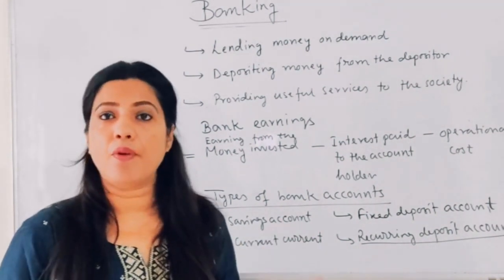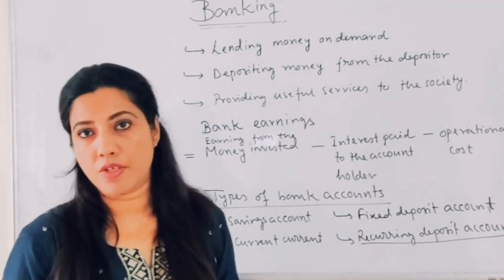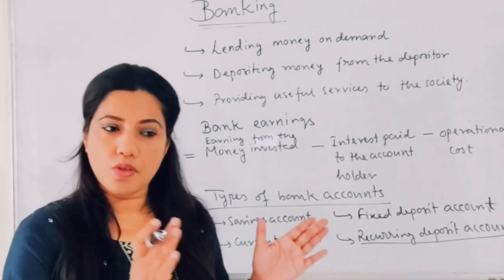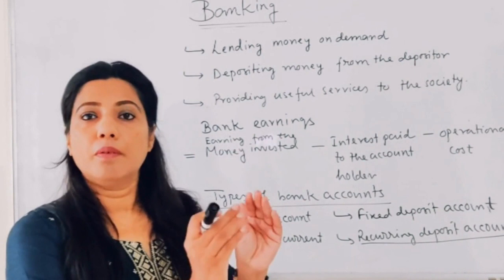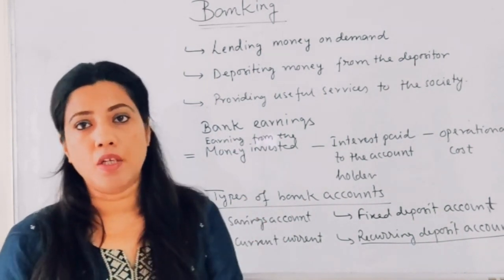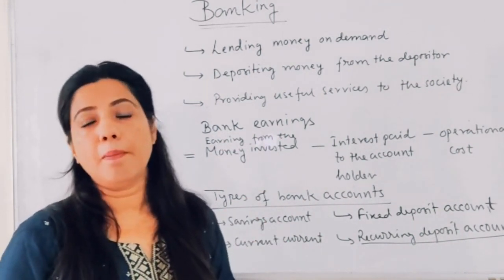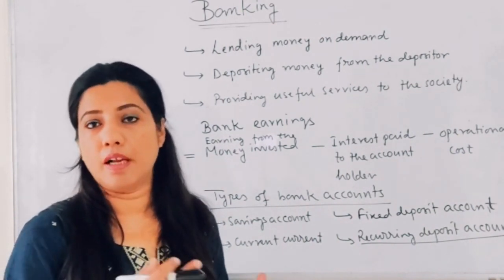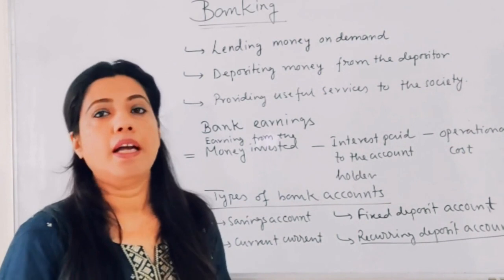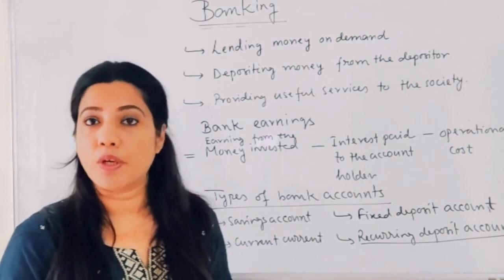The time period may vary from 3 months to 10 years. So for a fixed number of months, the depositor deposits a fixed amount of money to the bank. Then when the tenure gets over, the depositor gets a maturity value.